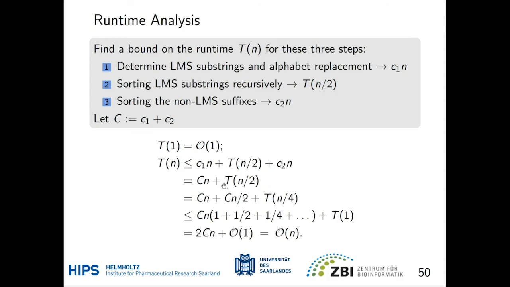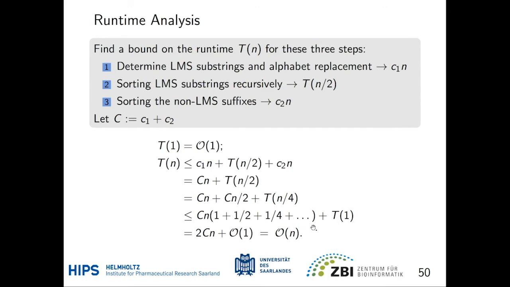But by induction, we can write it as the same constant times n by 2 plus the estimate for the text of the quarter of the length. And then we can continue this, and we can show that this is bounded by Cn times this sum.